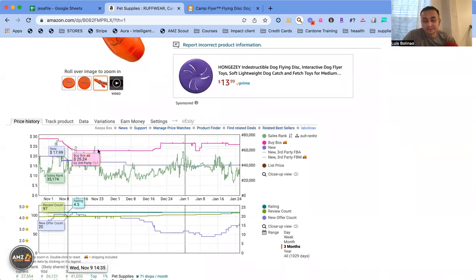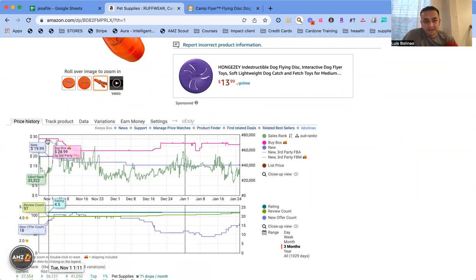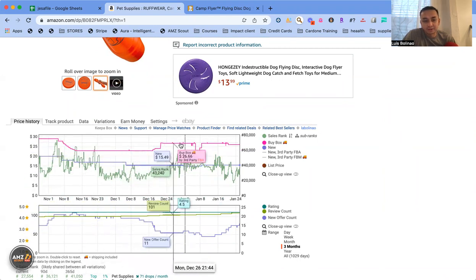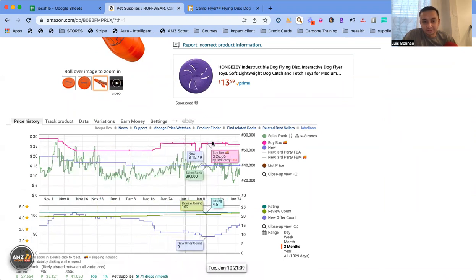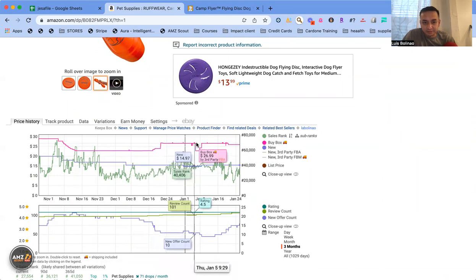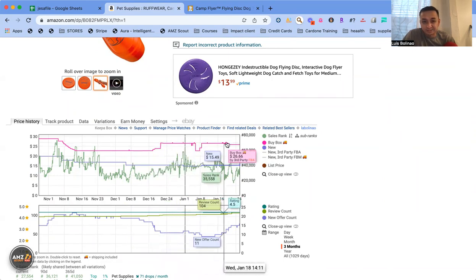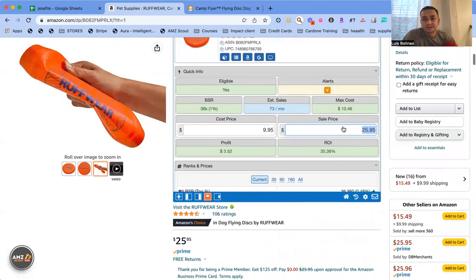Keepa is this graph. You look at the pink line and verify a good average price based on this line. To me, it seems like it's selling consistently at about 26 bucks. So it's right there. Got it?